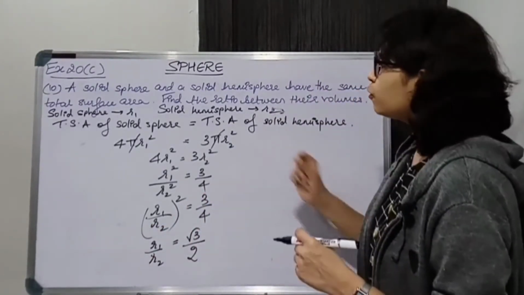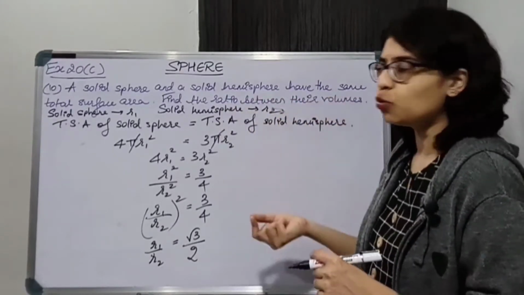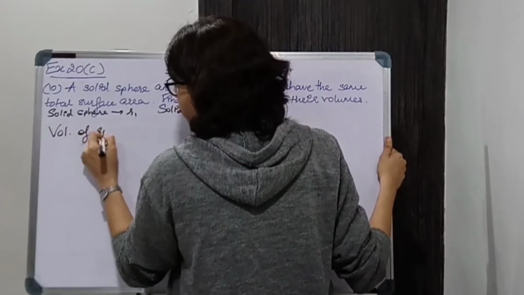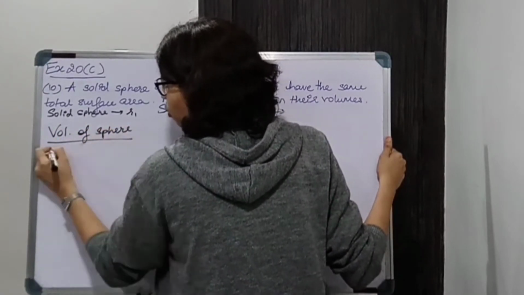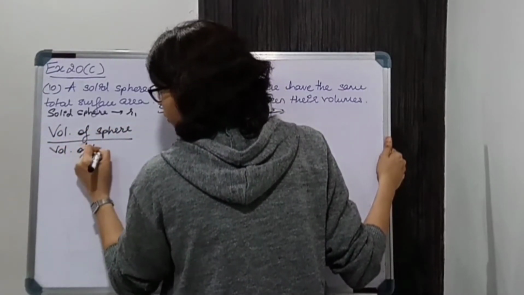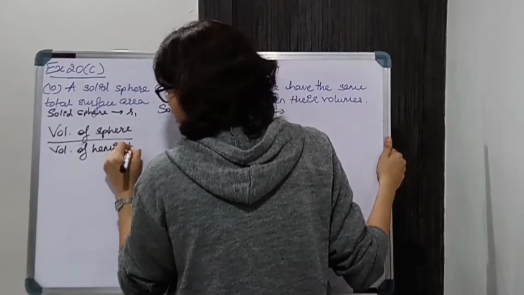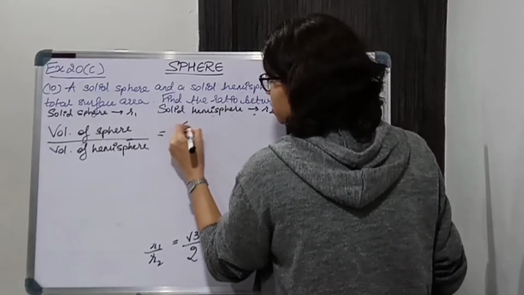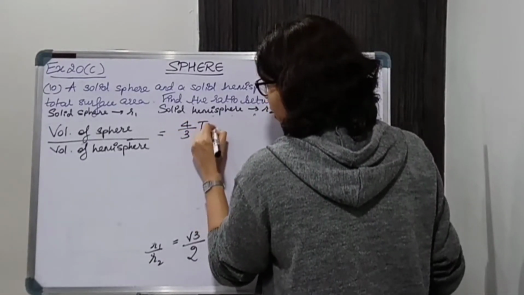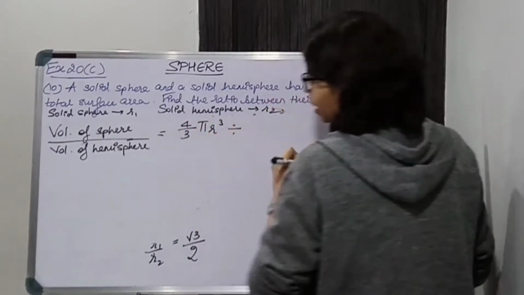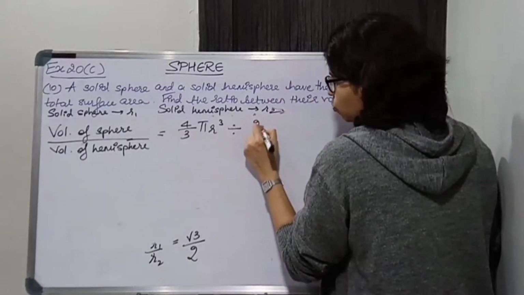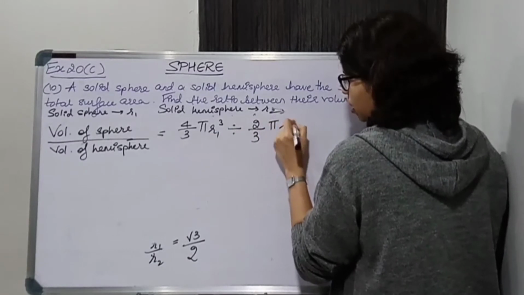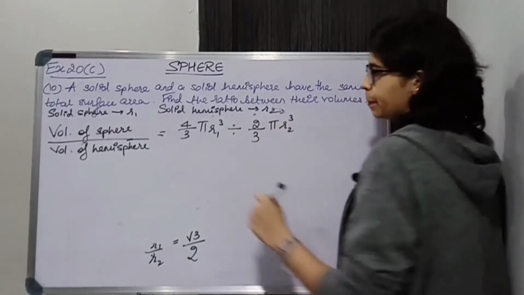Now we have to find the ratio between the volumes. Volume of sphere upon volume of hemisphere. Volume of sphere is 4 by 3 pi r cube. This is divided by 2 by 3 pi, sorry R1 है, R2 cube, okay.